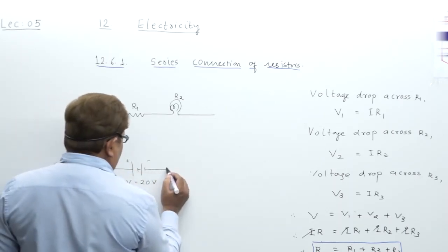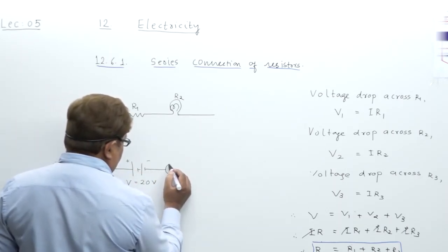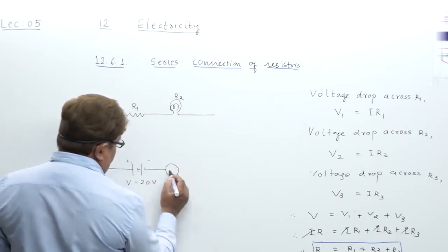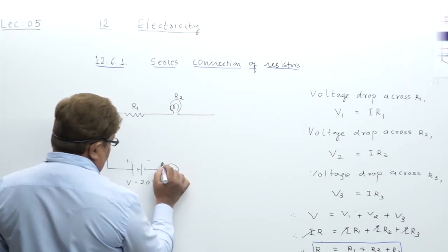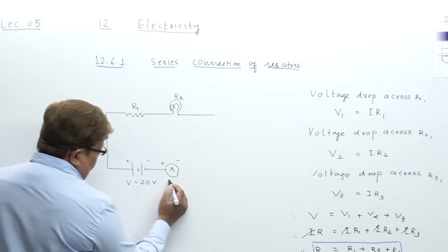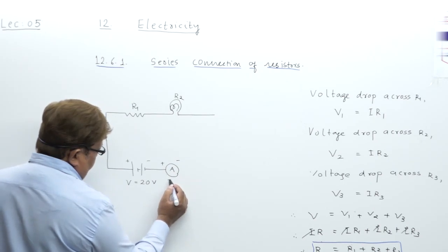Then here an ammeter, okay? And the amount of current passing here is also shown.